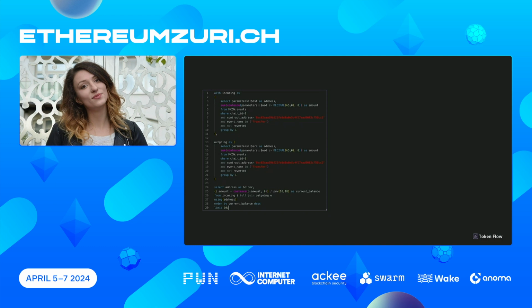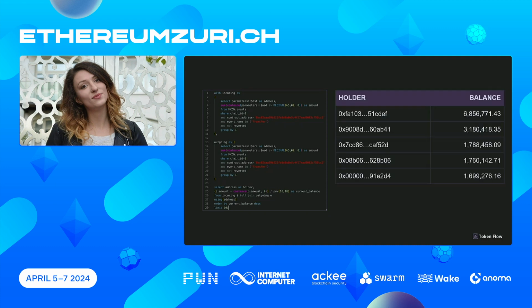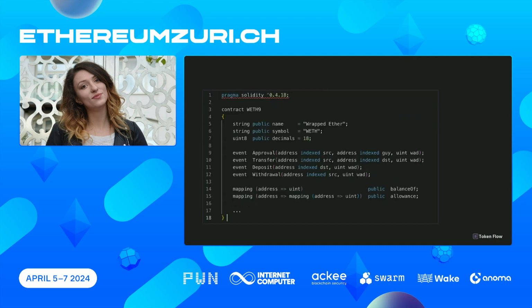Normally, I would write the query in real time, but in the interest of time, it's already prepared. Running that query would give me these numbers. And as you can see, my top one has 6.5 million. Can anybody tell me what I have done wrong? I looked at events, and I took the transfer event into account. Maybe this would help.